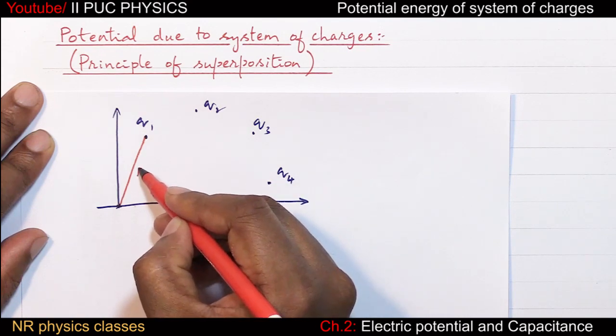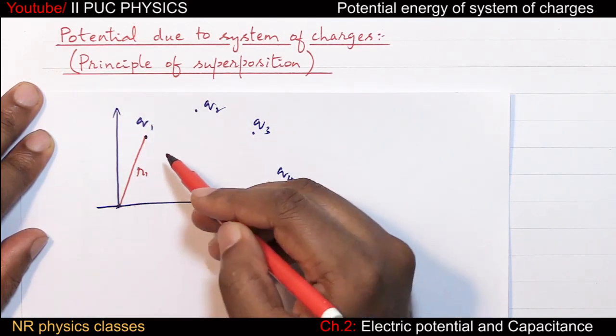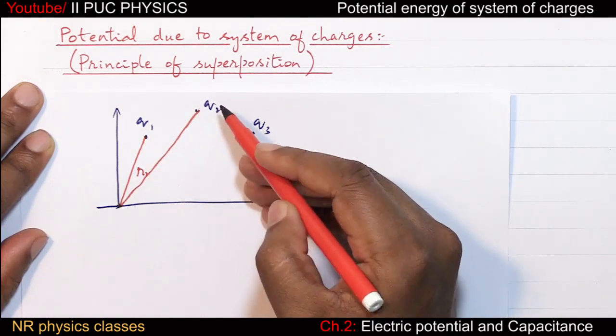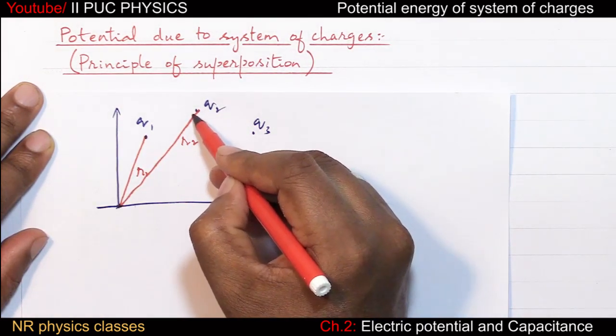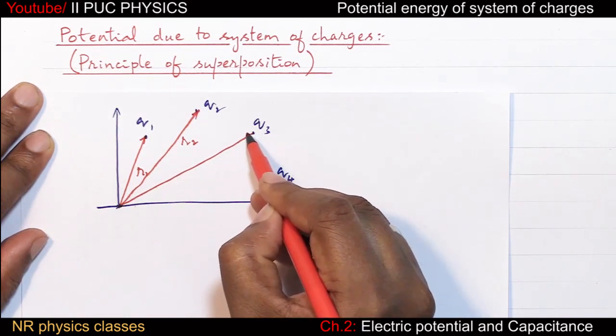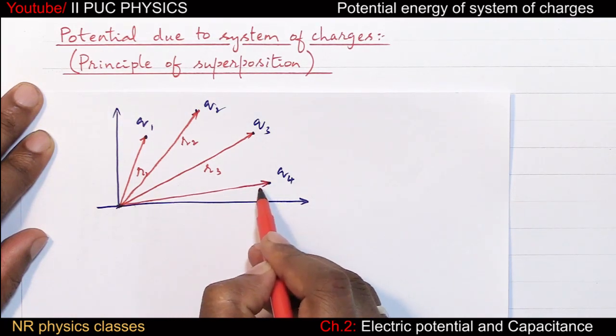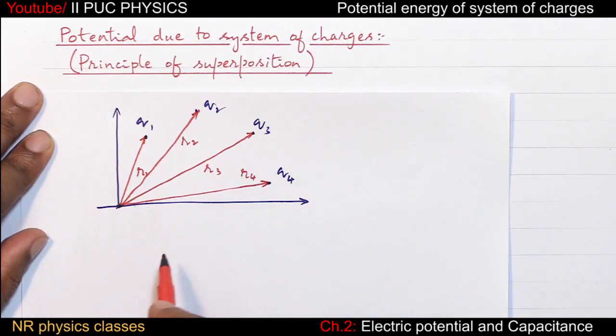So this is R1, the position vector of Q1 from the origin, R2 like this, R3, R4. Okay.